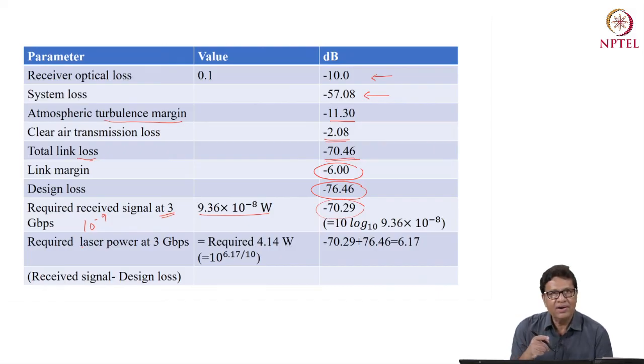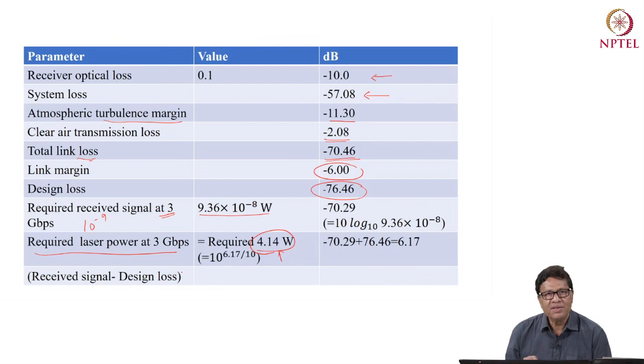So you can back calculate what laser power is required at the transmitter, because you know the system loss, you know what power you require at the receiver, and then doing this simple mathematics, you can calculate the laser power required at 3 gigabits per second, which comes out to be 4.414 watts. So this is the requirement.